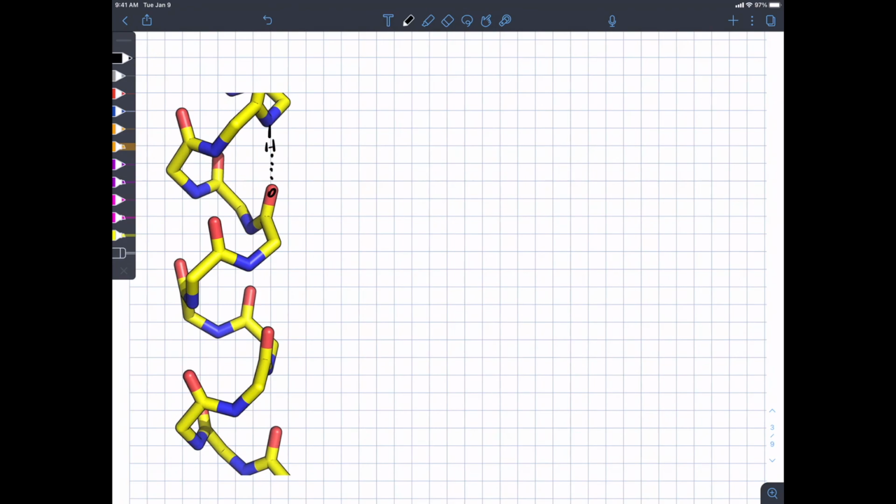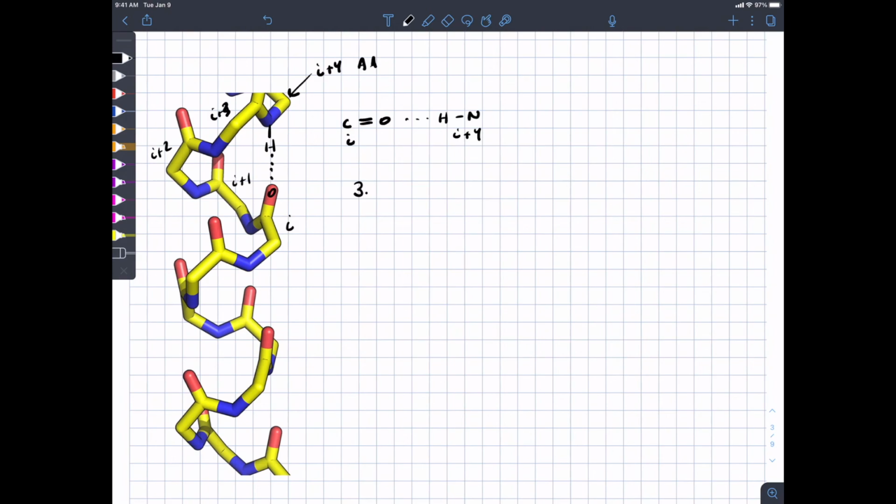And if you count and call this the I position, I plus 1, I plus 2, I plus 3, then this nitrogen belongs to the I plus 4 amino acid. So you've got this hydrogen bonding pattern between carbonyl oxygens at the I position and amide protons at the I plus 4 position. And on average, the alpha helix repeats.